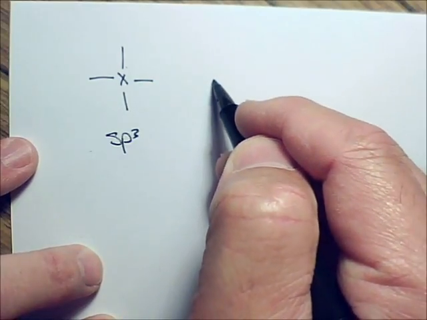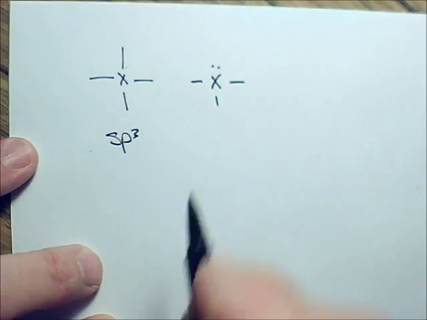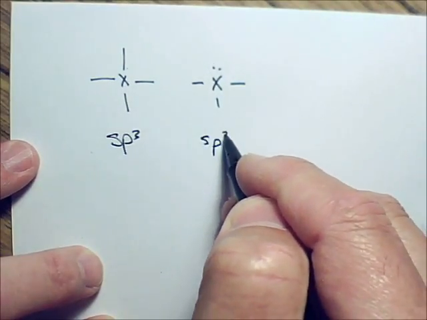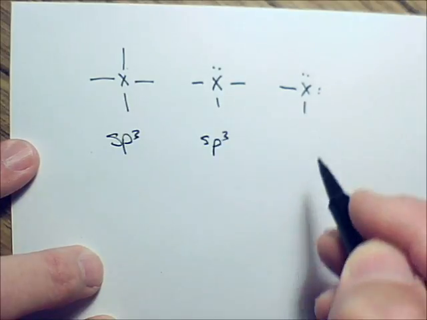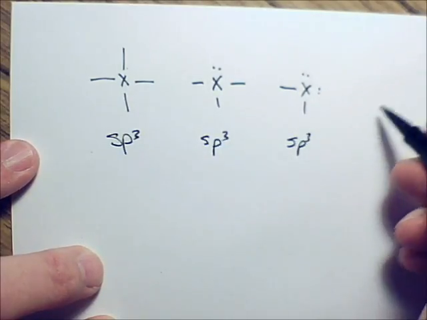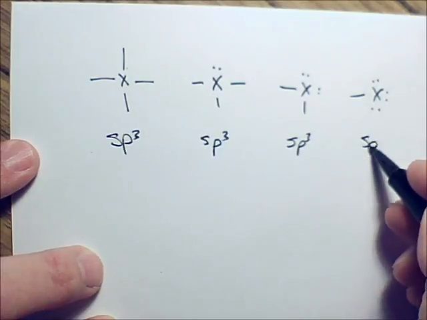So if I have X with a lone pair on it and 3 single bonds, that's also sp3. Or if I have some element with 2 lone pairs and 2 single bonds, that's still sp3. Or if I have something that has 3 lone pairs and 1 bond, that's sp3.